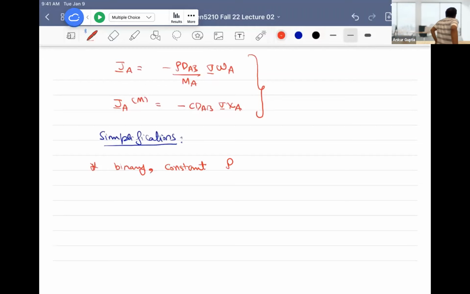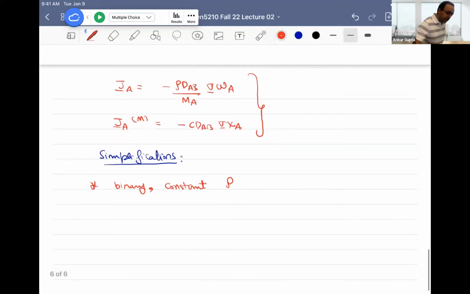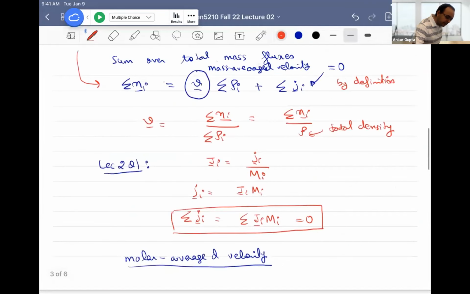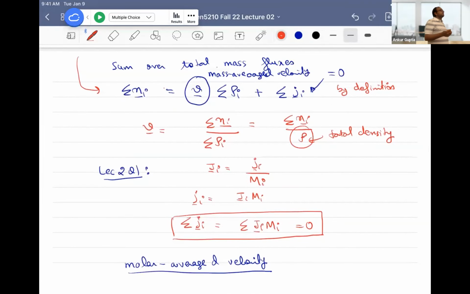So what do you think if I have a constant total density? What should I use as my basis? Should I use mass average velocity or should I use molar average velocity? Mass average velocity, right? Because my mass average velocity has a rho in the denominator here, so it's just constant. This makes my life easy.